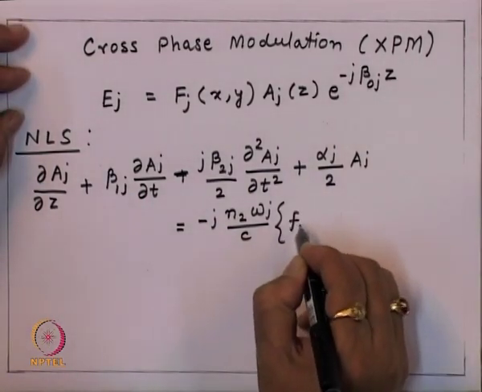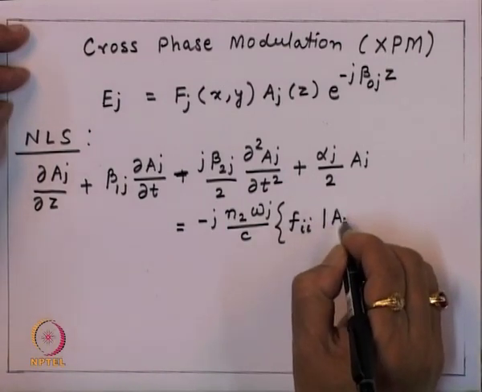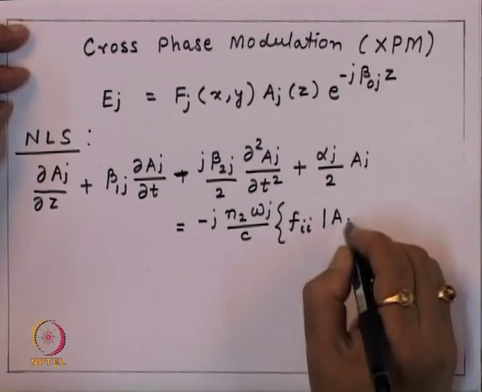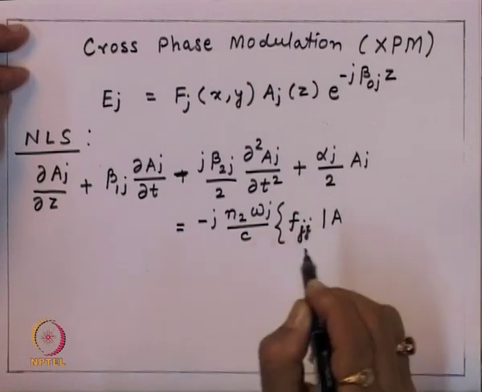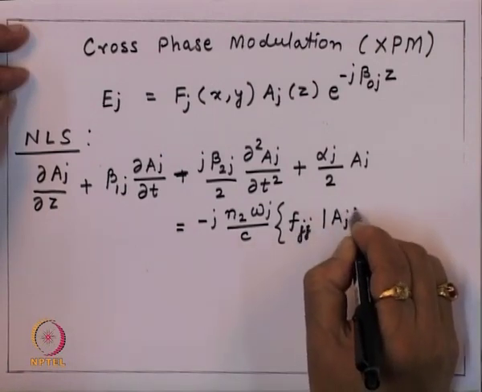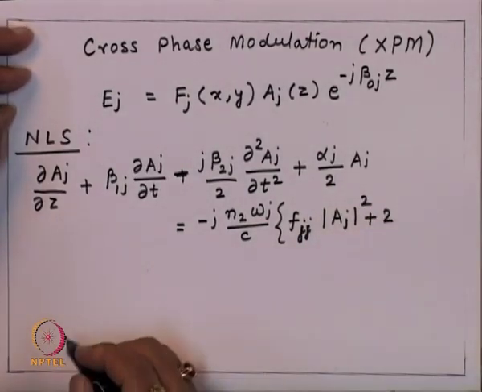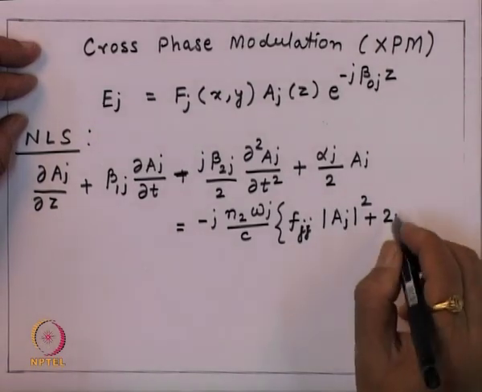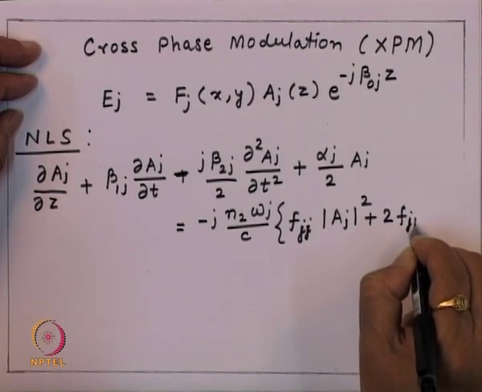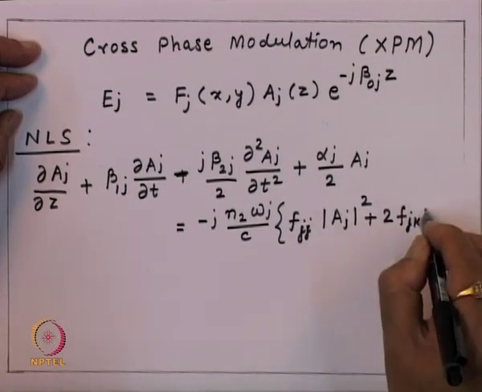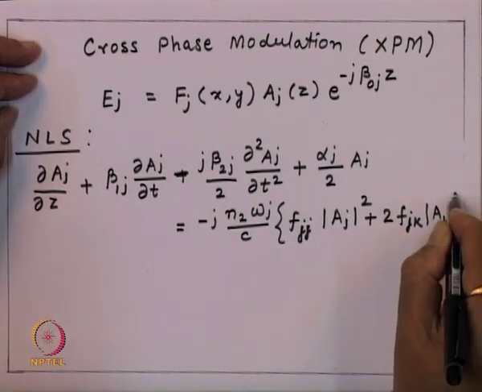So, you will get here f_jj mod A_j square plus the cross phase modulation term 2 times f_jk mod A_k whole square.